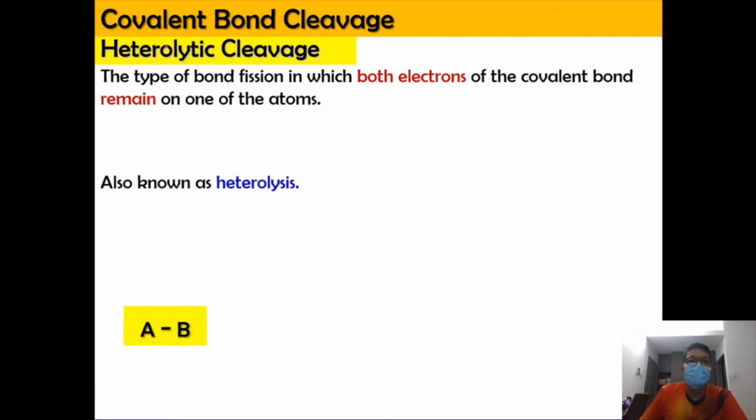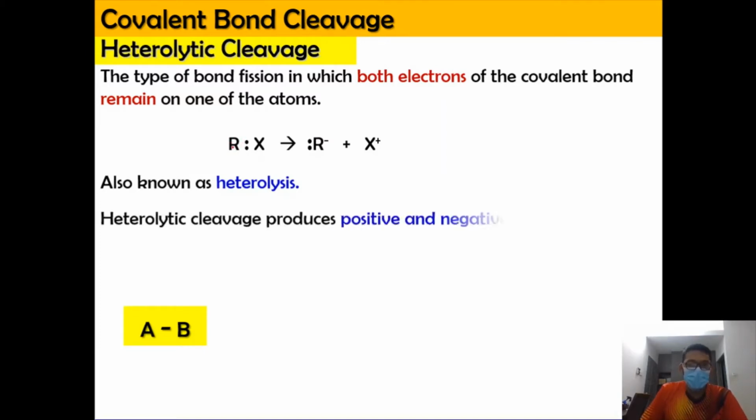Now for the heterolytic cleavage, it is the type of bond fission in which both electrons of the covalent bond remain on one of the atoms. For example, we have RX here. The two electrons are going to be transferred to R because R is the more electronegative atom. The heterolytic cleavage will produce positive and negative ions.